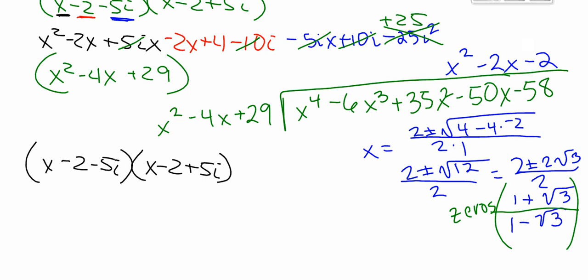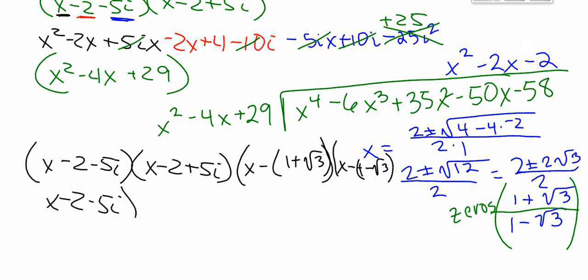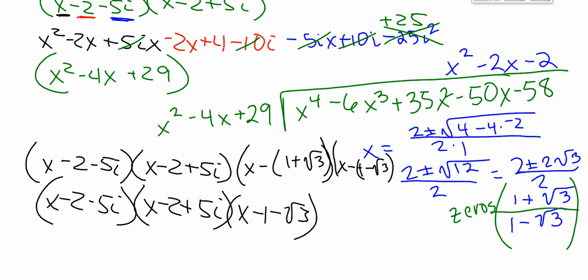And then I have to do the same thing with these. x minus parentheses 1 plus the square root of 3. And x minus parentheses 1 minus the square root of 3. So here they are. x minus 2 minus 5i, x minus 2 plus 5i, x minus 1 minus the square root of 3, x minus 1 plus the square root of 3.